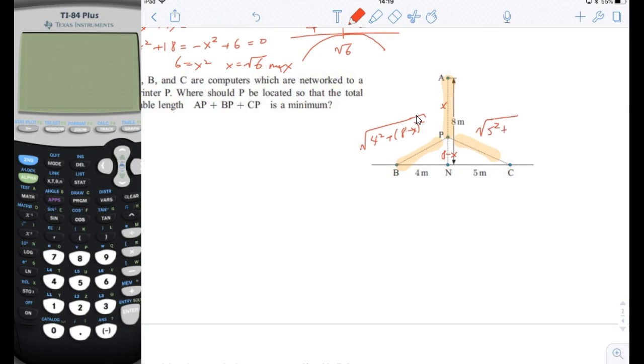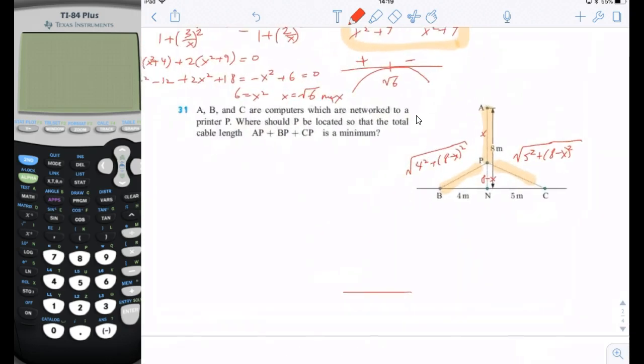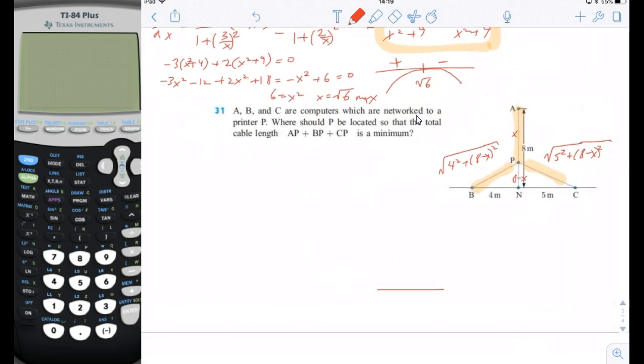It would be 5 squared plus 8 minus X squared. And then we would add that distance, the two square root expressions plus X. That would give us the total distance. And then basically we're going to try to minimize that distance, right? So let's write that out. So the distance, or the cable length, would be X plus square root of 16.